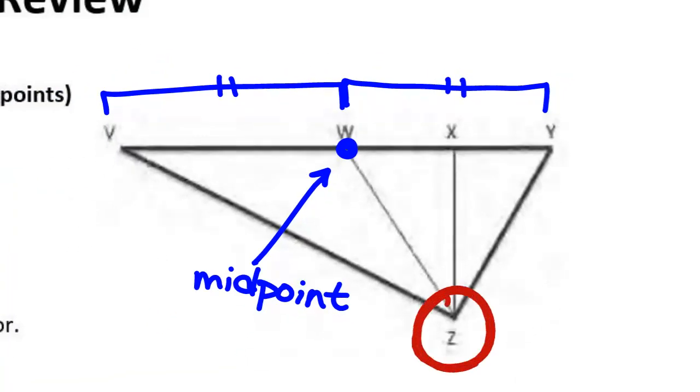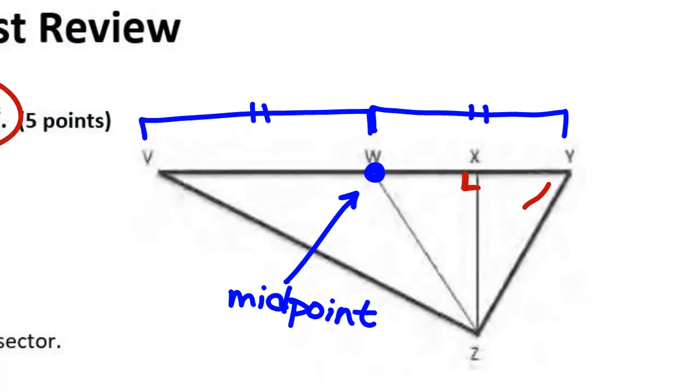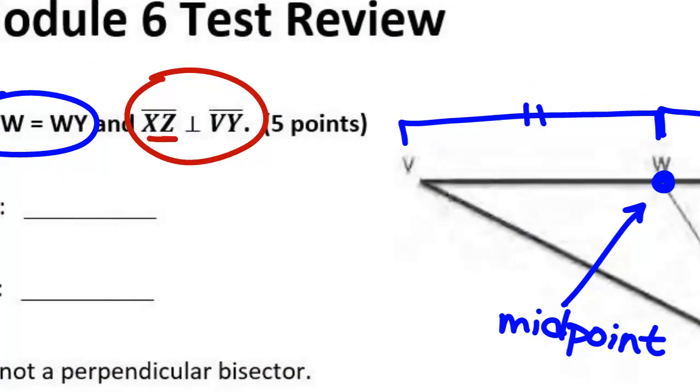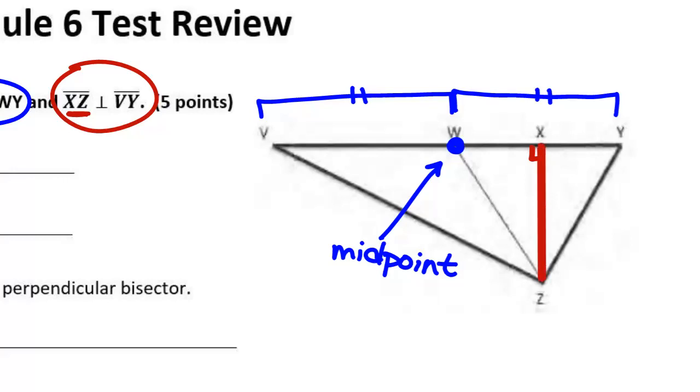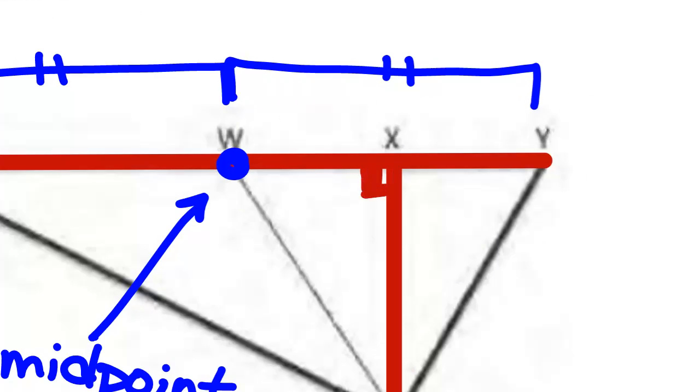At Z? At X. This is where XZ intersects VY. So that is forming a right angle right there.